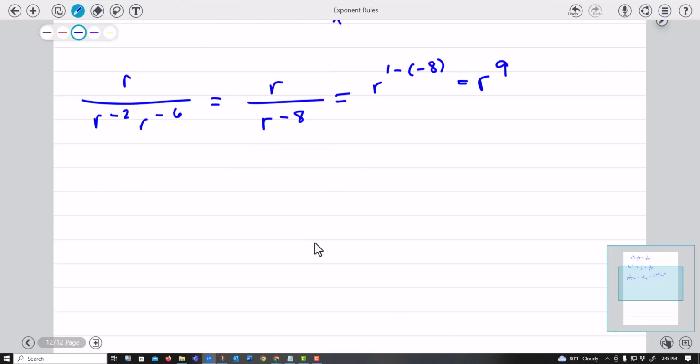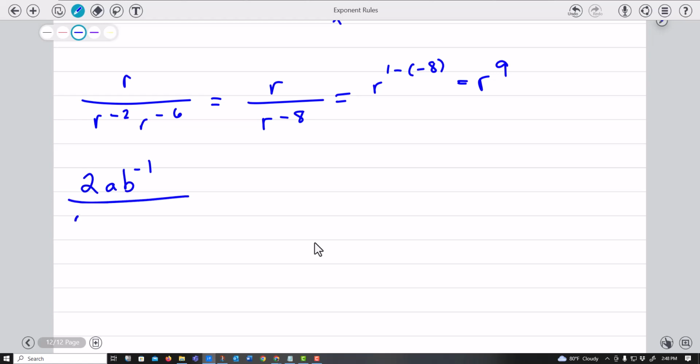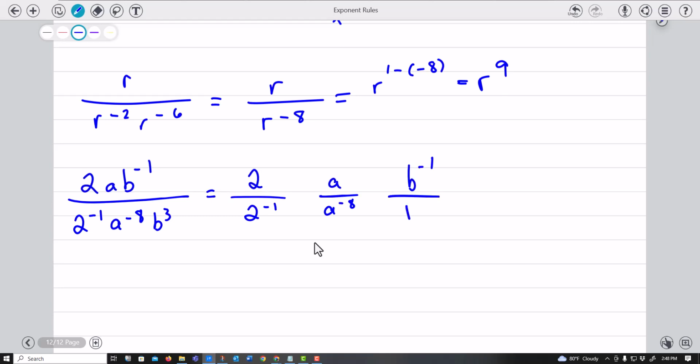And again, you can get something a little bit more crazy with, say, 2ab to the -1 over 2 to the -1, a to the -8, b to the 3rd. What I probably would do is separate each one of these: 2 over 2 to the -1, and then times a over a to the -8, and then times b to the -1 over b to the 3rd. And so now this way you can actually go through and subtract. Remember, that's like a 1 there.